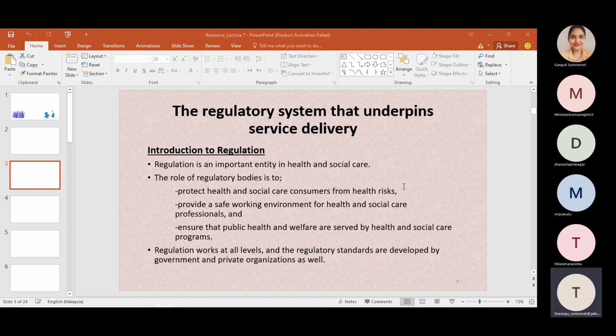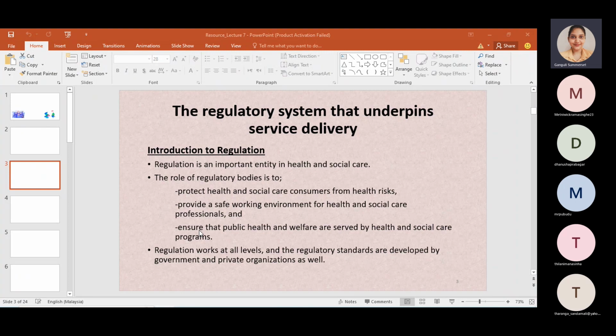Yes, Taranga. It is a rule made by some authority or some government. Okay, all right. Yes, that is another meaning for regulation. I'm happy to see that you guys remember that we discussed acts and regulations in our previous lectures.